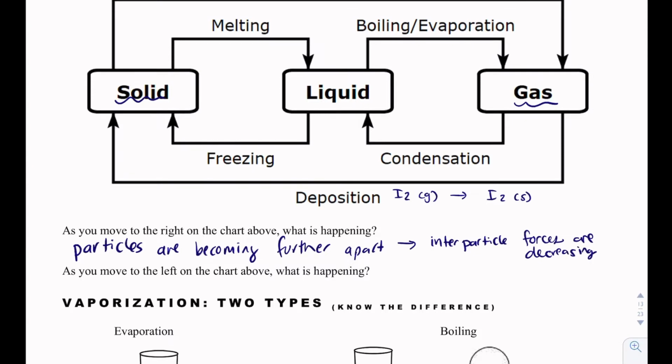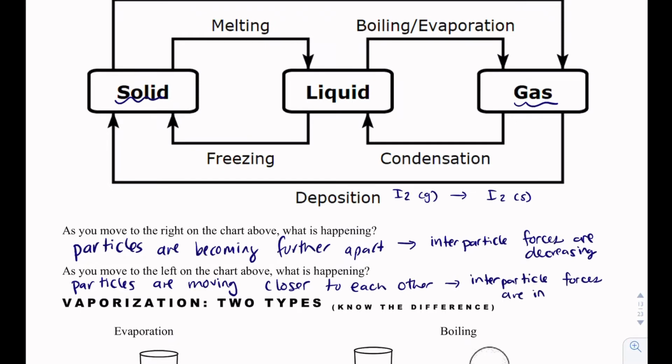And then as we move to the left on the chart, we're going more towards the solid phase. And so we would say that our particles are moving closer together to each other. And when particles become closer to each other, their interparticle forces are increasing.